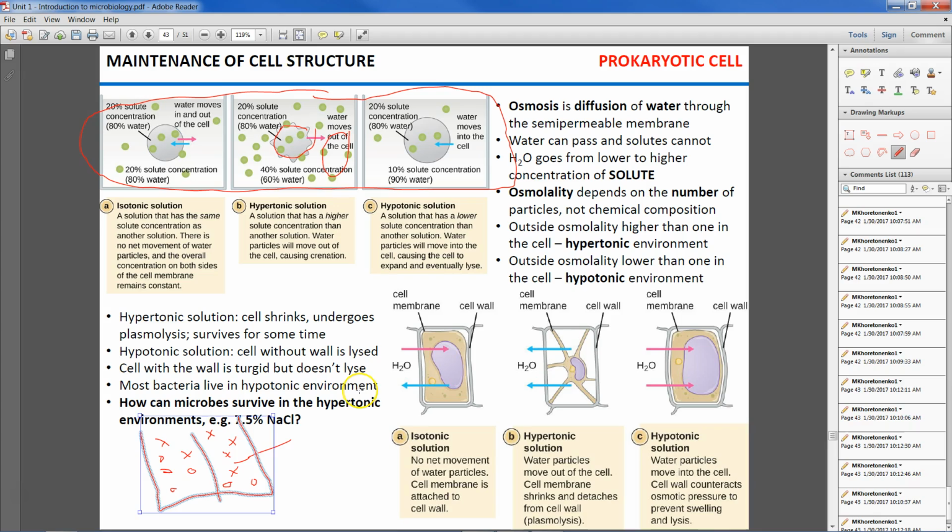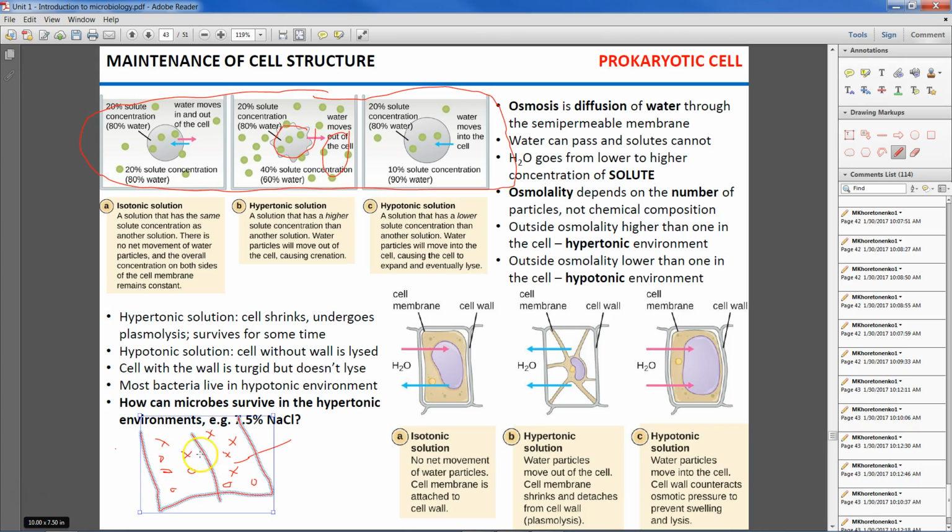Does that make sense? So it's going to go from right side to the left side. What about solute concentration? Where is it higher? In the left.